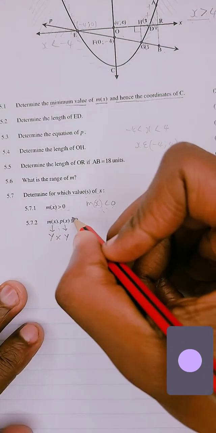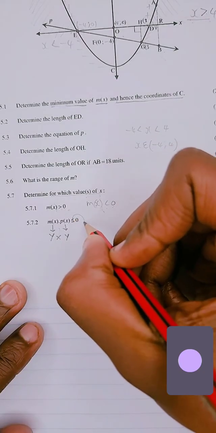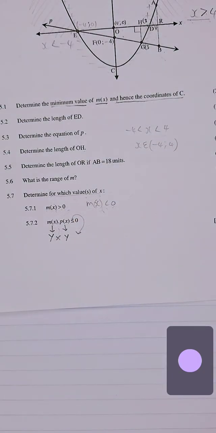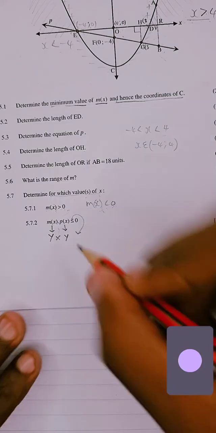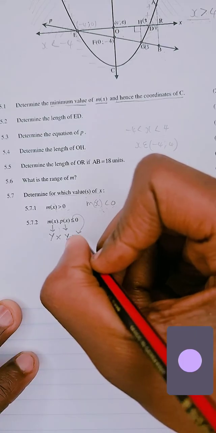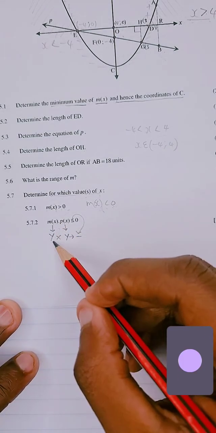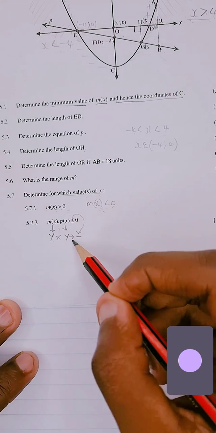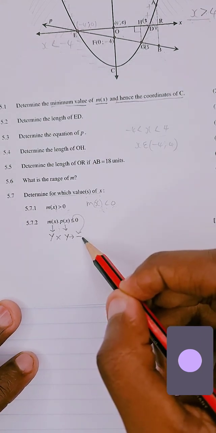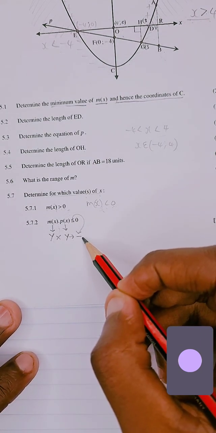Now, I want you to look at this. What does less than 0 mean? Negative. So the y value of m of x times the y value of p of x should give me something that is negative.